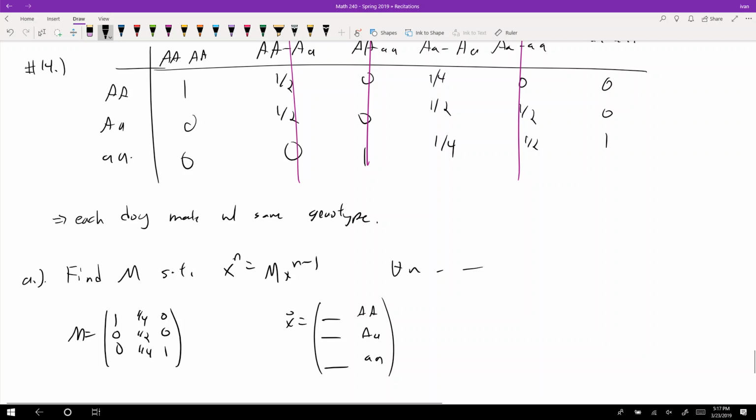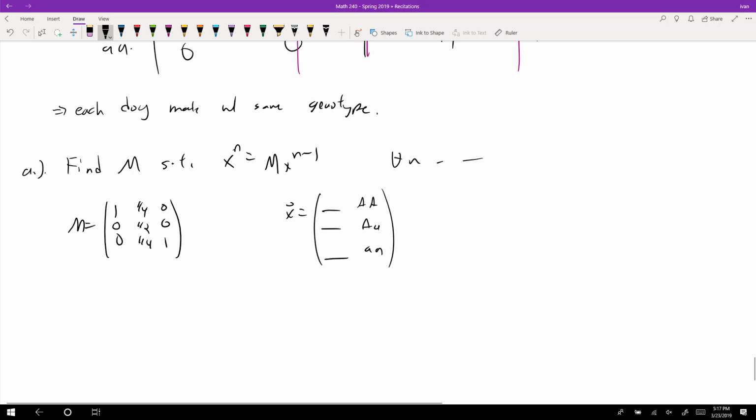And then part B is to just compute it using Mathematica and approach a limit. So let's actually just do this, using diagonalization. Compute the limit as n approaches infinity.